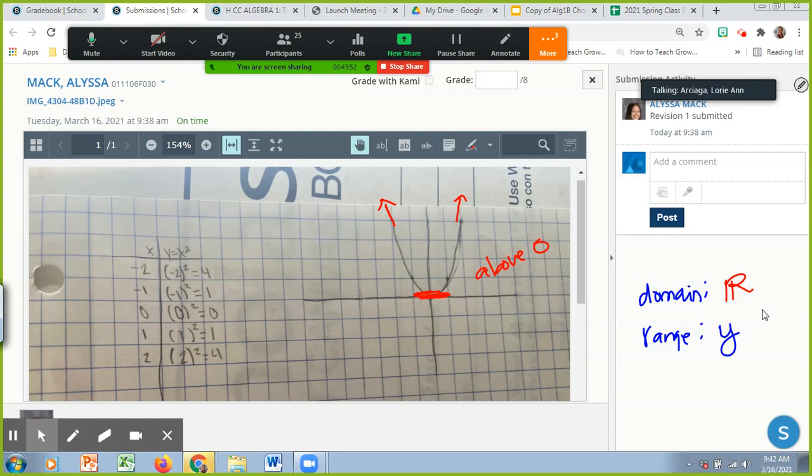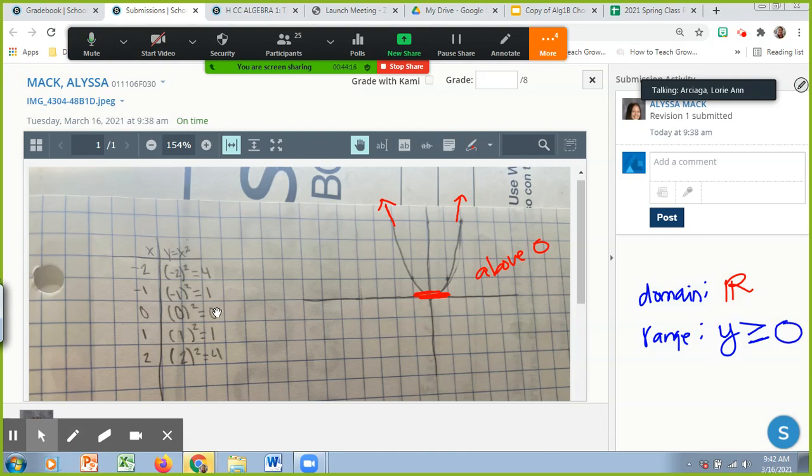It's above 0. Is it y is greater than? Yes. And since 0 is also included, you're going to put the bar underneath, right? So y is greater than or equal to 0.